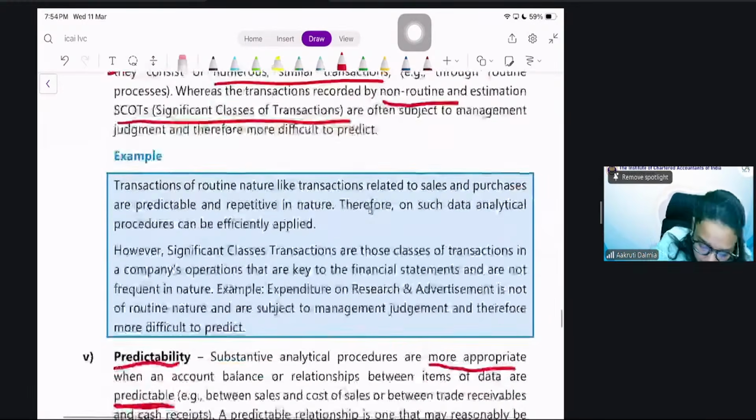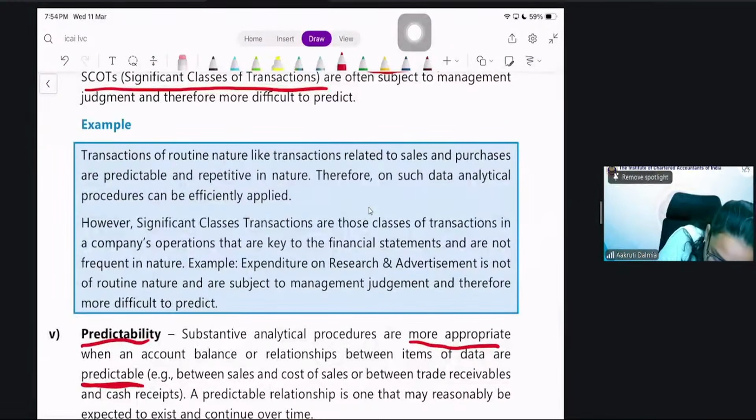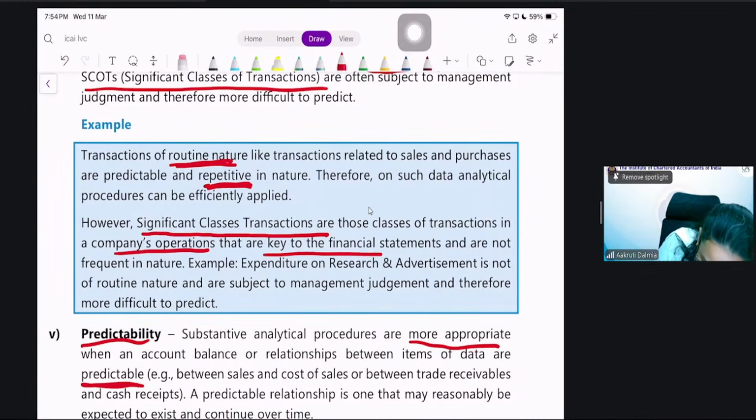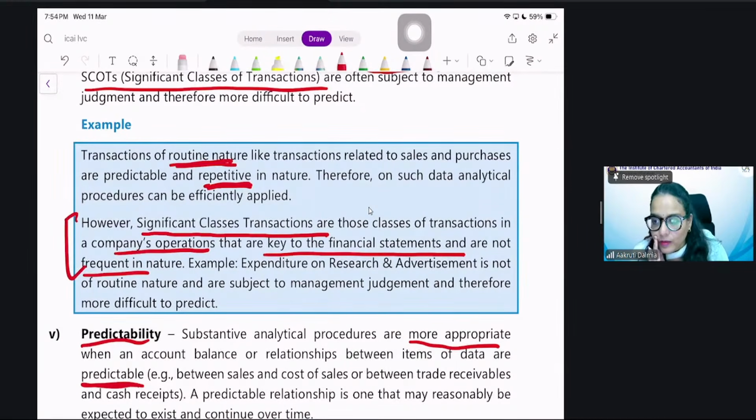But here it is saying non-routine. It means the transactions which are more routine and repetitive in nature, you can use analytical procedure. But significant classes of transactions are transactions in companies' operations that are key to financial statements and are not frequent. So will I use substantive analytical procedure as primary evidence?